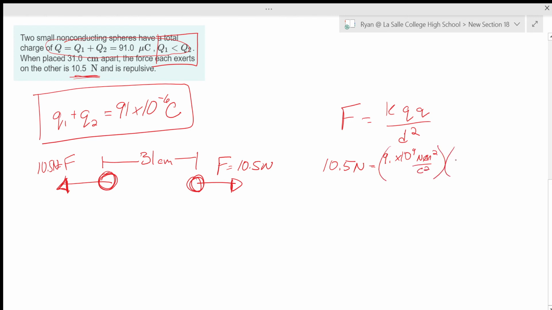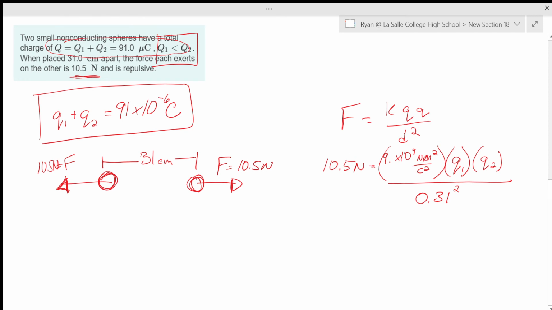I know one of them is called charge 1. The other is called charge 2. And the distance between them is squared. Right, so I have a number times two unknowns equals a number, 10.5.